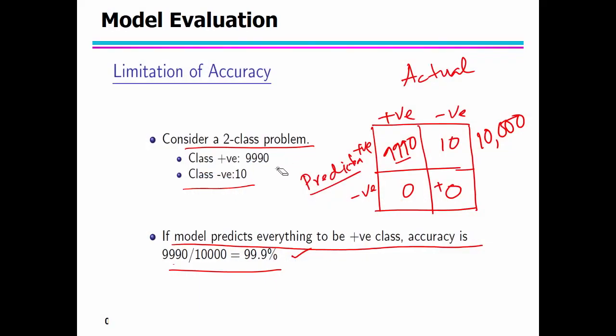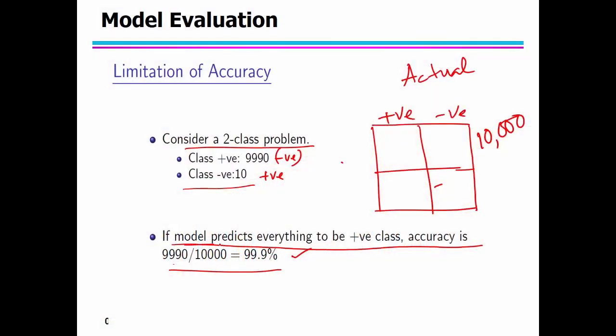Now, if you see the same problem, this is actually a negative class and this is positive class. Now how will the equation change? Just see it here. I am saying 9990 items belong to negative class, just renaming it. The name was A, you change it to name B, right. We are not changing the characteristics of anything of the object.